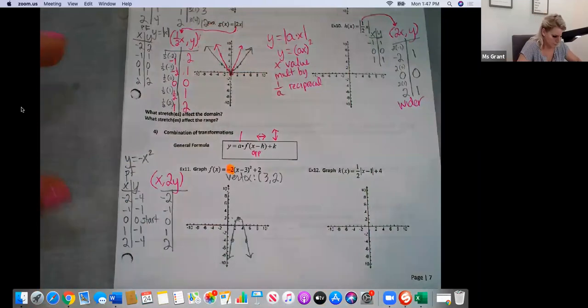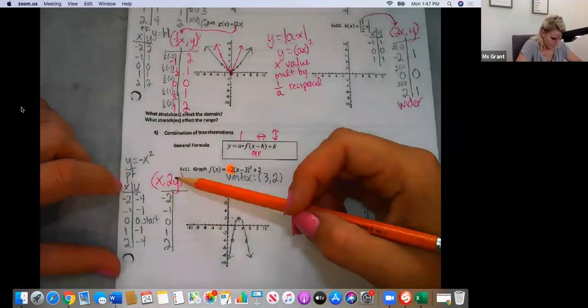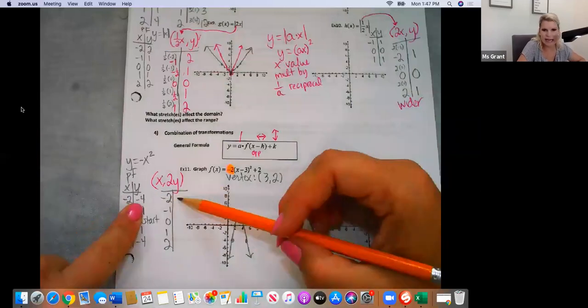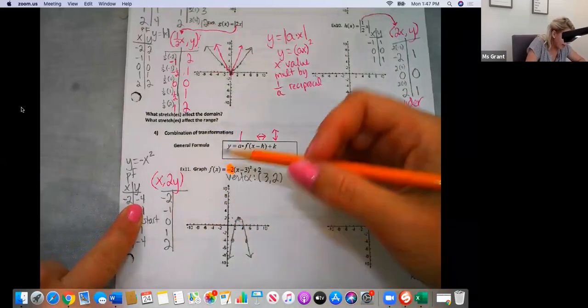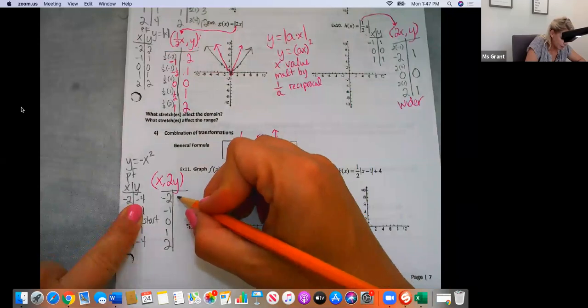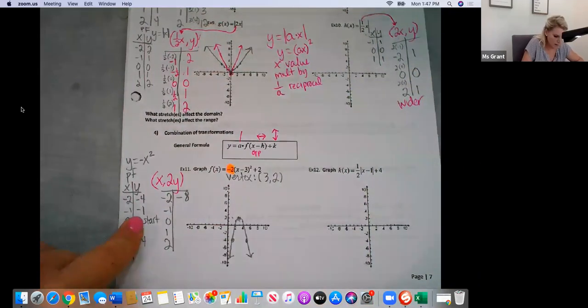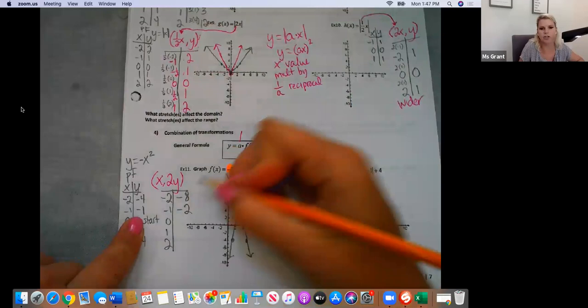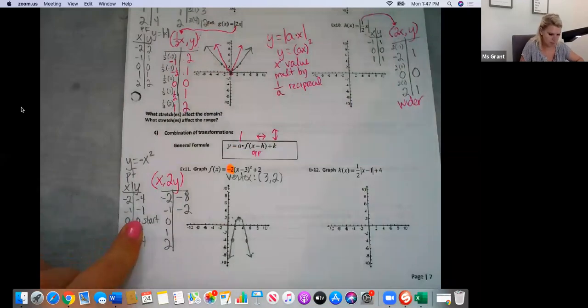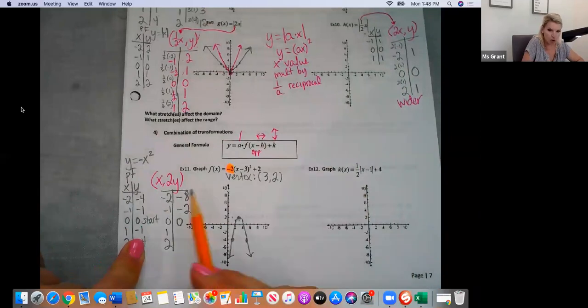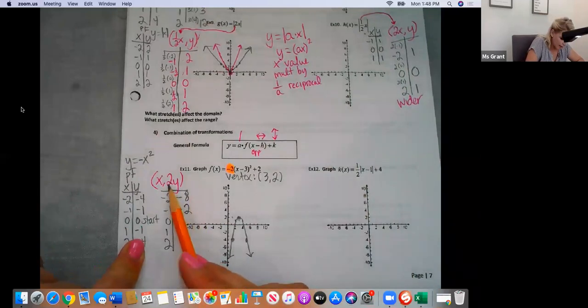So if my Y value was a -4 in my parent function, I'm going to multiply that by 2, negative 4 times 2, negative 8. A negative 1 times 2, negative 2. A 0 times, okay, well, duh. A negative 1 y value times this 2, negative 2.